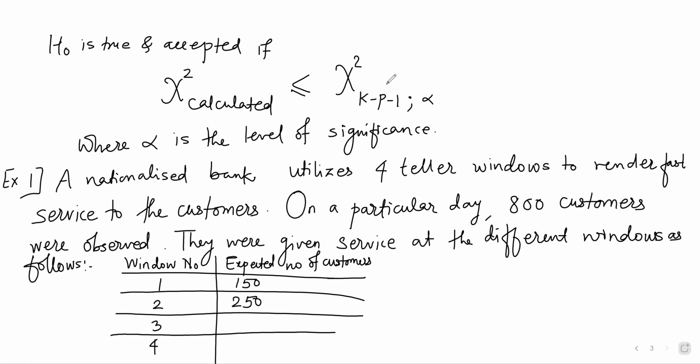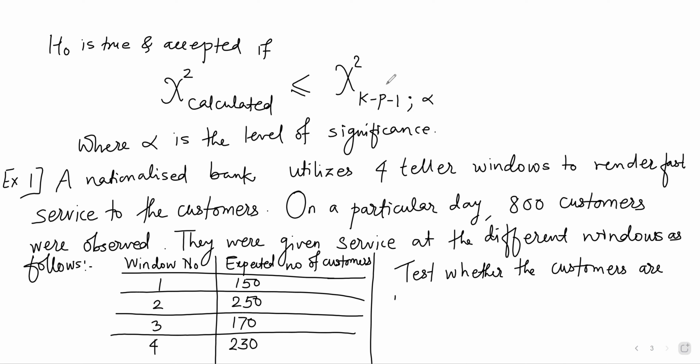For the third window, it is 170. And for the fourth window, it is 230. The question is, test whether the customers are uniformly distributed over the windows.